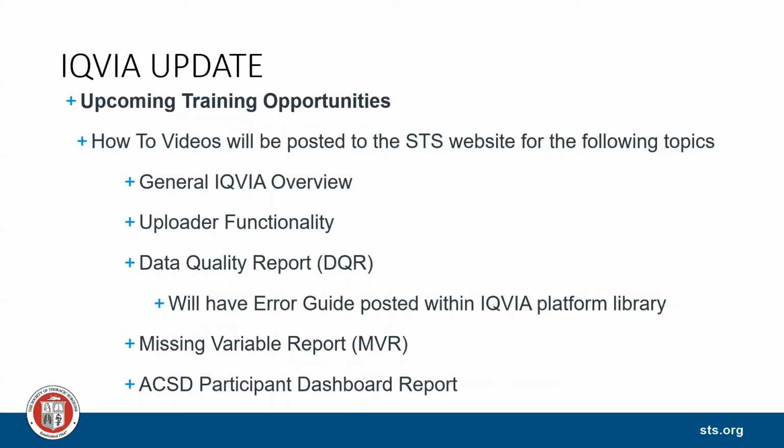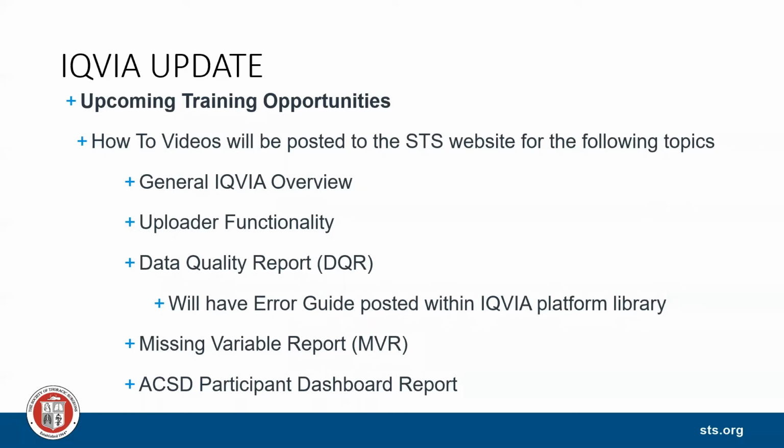And with the uploader functionality, once that is completed, you will have the ability to see the data quality report. In addition to having that report, we do have errors and warnings that will display on the report. We will have an additional guide posted within the library, and I'll point that out. I have a screenshot of that, where you will have a general guide of all of the errors so that you're able to reference.